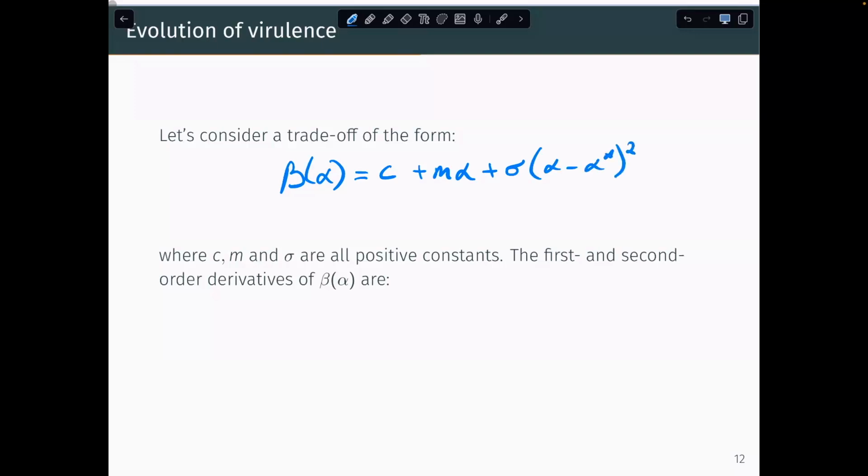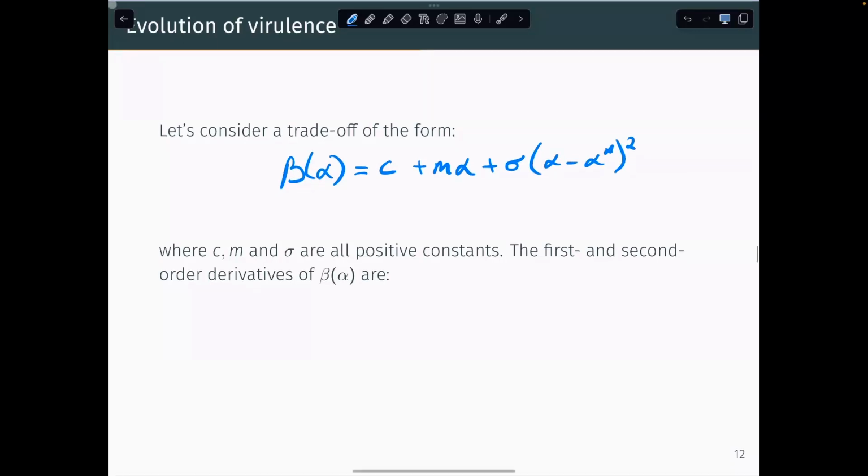We're kind of cheating a little bit here because we're jumping ahead: this alpha star we usually find later, but we're fixing our trade-off. So ultimately at alpha star, this term will go to 0. Okay, it's a little bit of a cheat, but we're doing this just because we want to see, in principle, is it possible to get it to branch? Okay, so these constants I've introduced, c, m and sigma, are all positive.